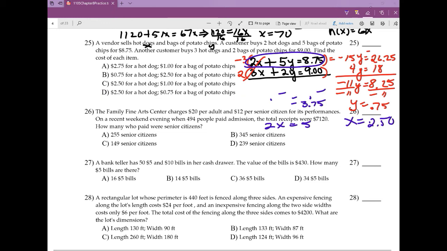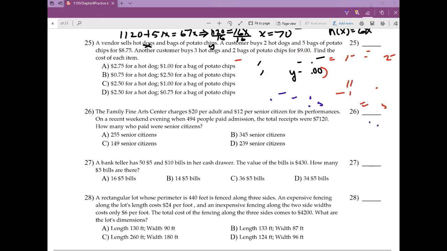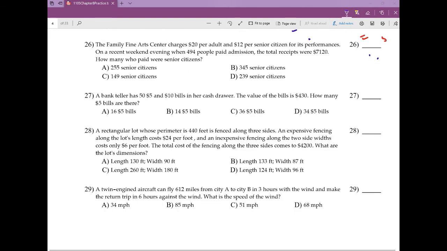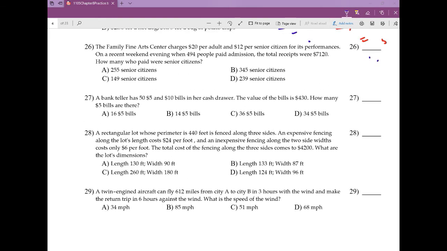Let me erase this just a little bit so we have some space, and then we'll go from there. Okay, the next question, we have the Family Fine Arts Center charges $20 for adult, we'll call the adult X, $12 for every senior, we'll call that Y, and notice that these are dollar signs, so that's going to give us one equation.